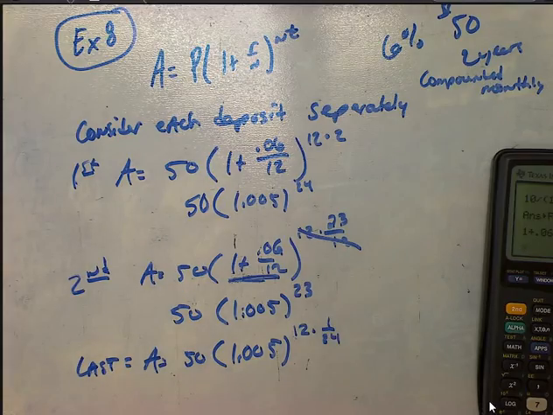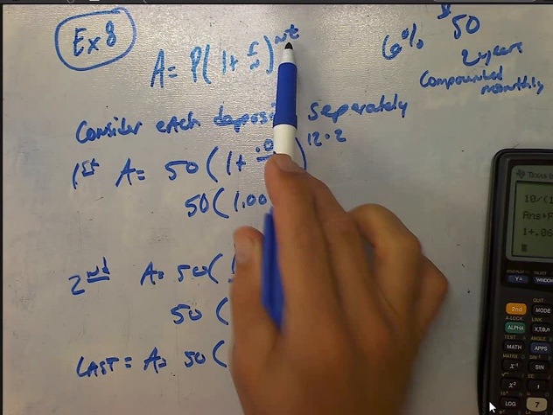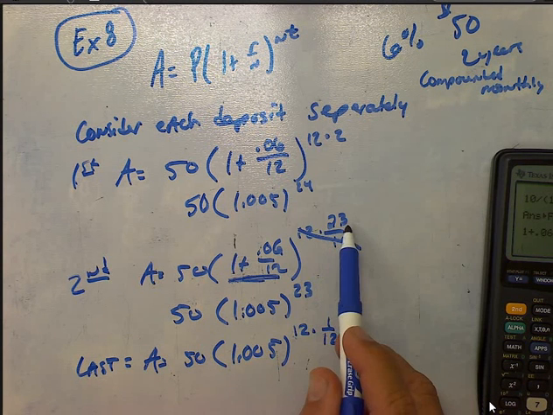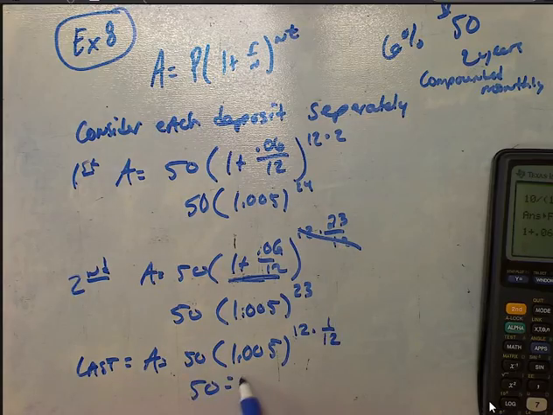Excuse me, it's going to be 1 out of 12 because it's for 1 month out of a whole year. T is time, which is in years. So on the second one I went 23 months out of 12, 23 twelfths, and for the very last deposit, 1 out of 12, so 1.005 to the first power times 50.